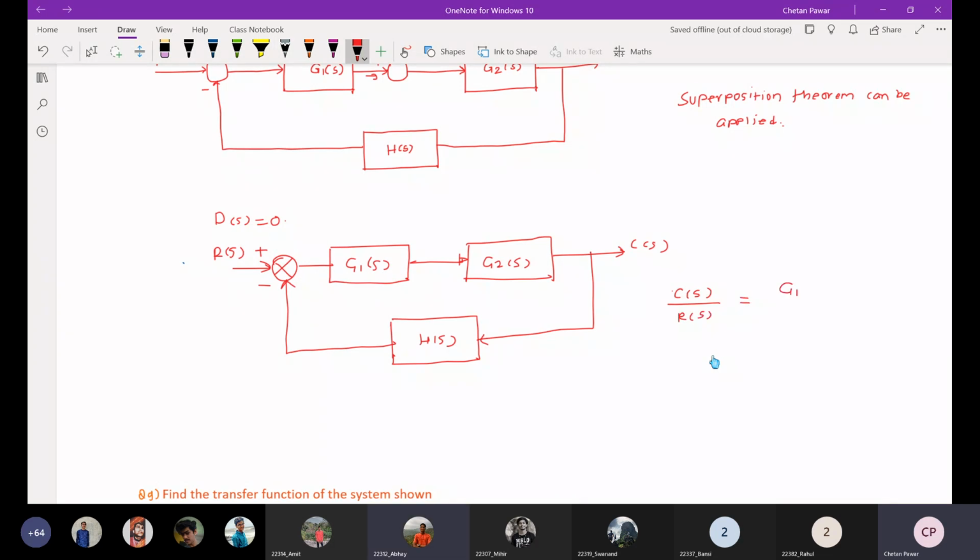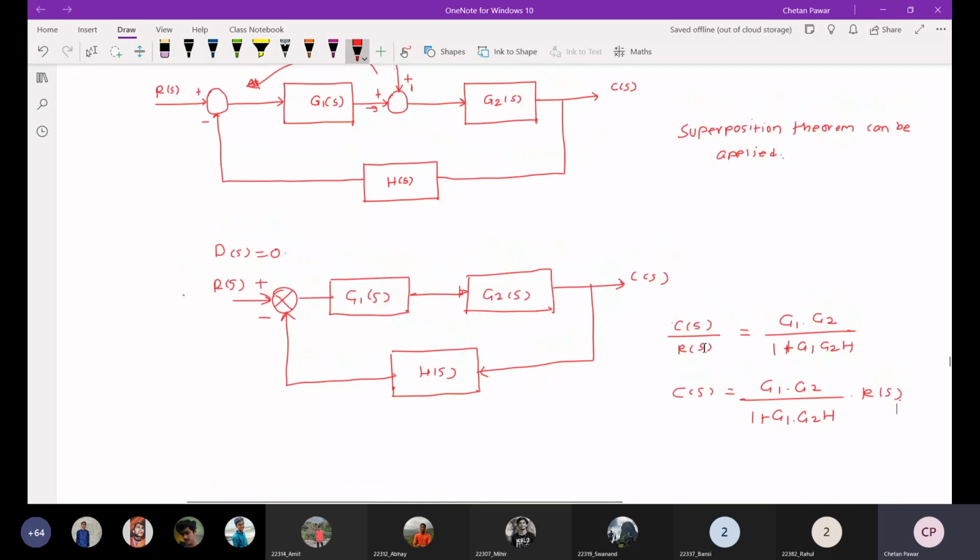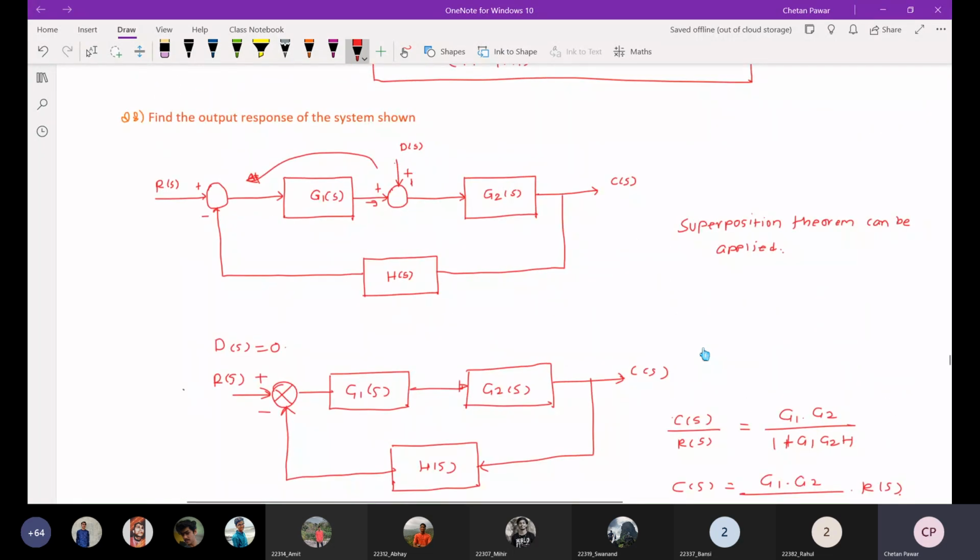G1, G2 upon 1 plus H into G1, G2. Good. So C of S will be G1 into G2 upon 1 plus G1 into G2 into H, into R of S. So this is due to R of S. Next, we will make the other input 0, that is R of S equal to 0, and we will apply D of S.